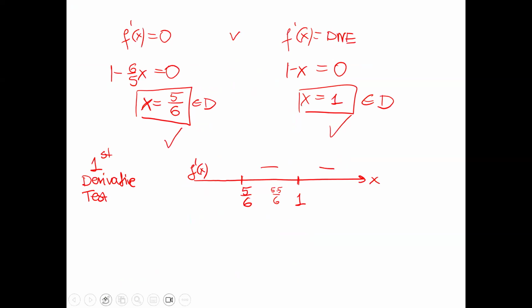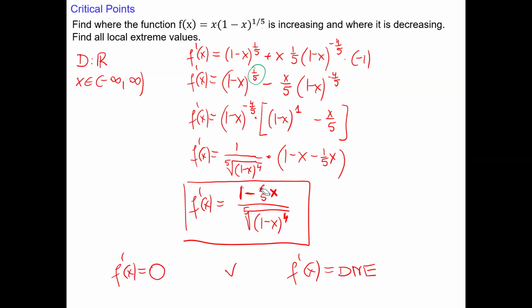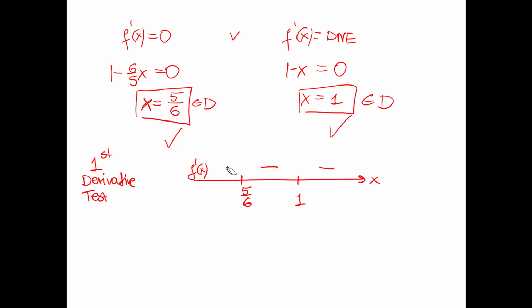And then when we take a number less than 5/6, let's pick 0. 1 minus 6 over 5 times 0 is 1 minus 0, which is 1. A positive number. Okay, let's do positive.